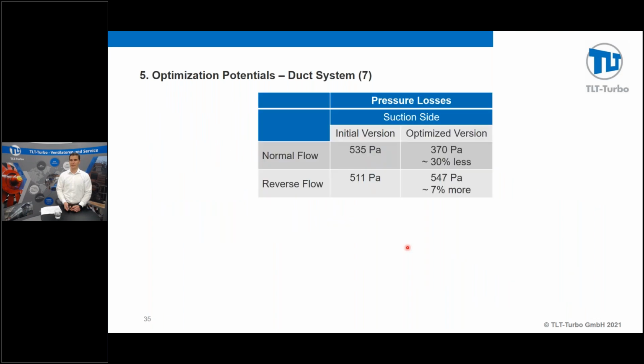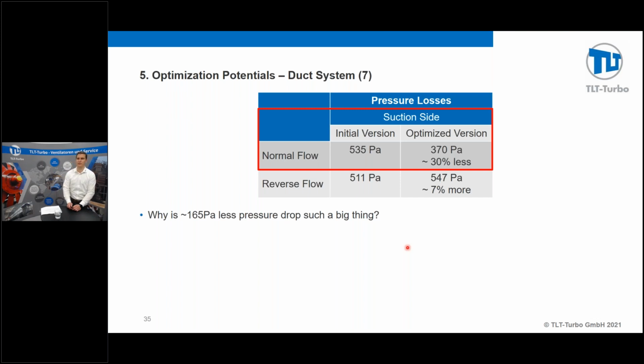But nevertheless, at the end, we could reduce the pressure loss of the suction side here for this fan from around about 535 Pascal to only 370, so which is about 30% less.